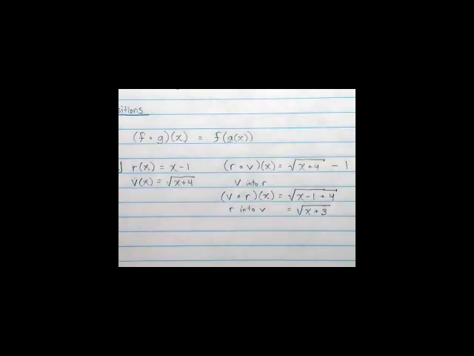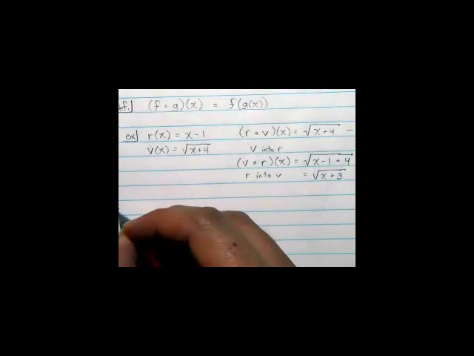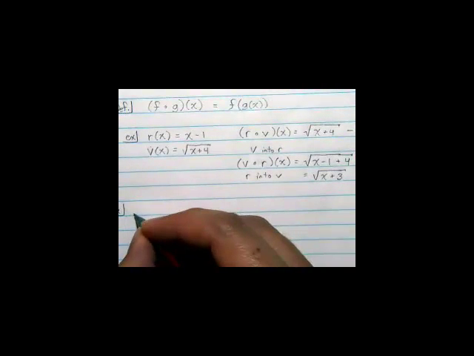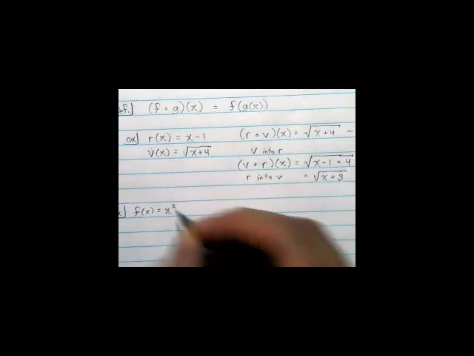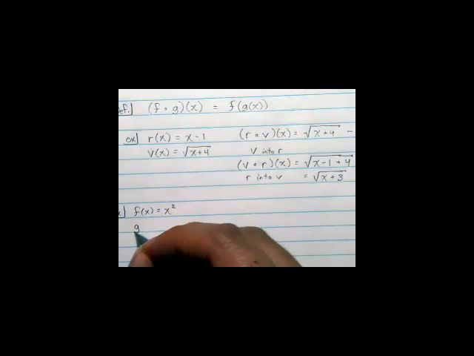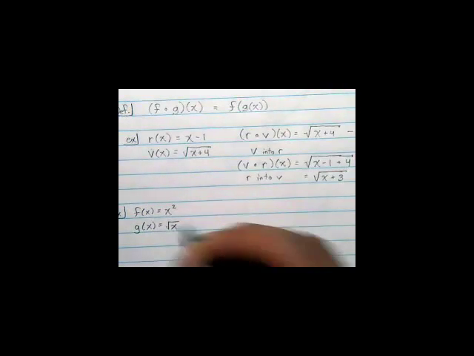So what I'd like to do next is take a look at some compositions and start talking about domain with them a little bit. So here's a classic one. Let's say f of x is x squared, and g of x is the square root of x.